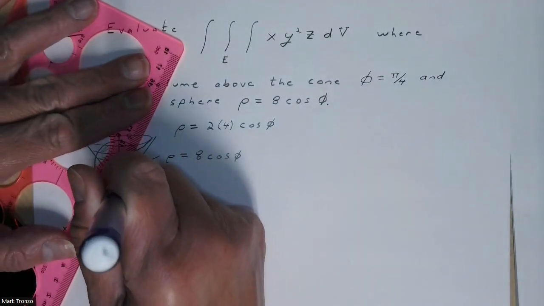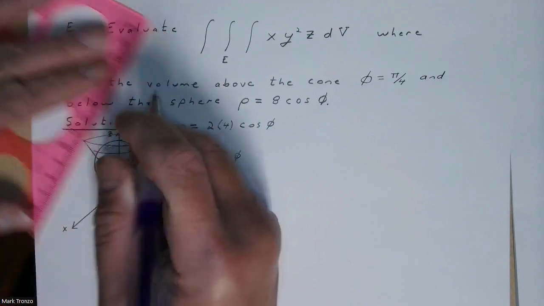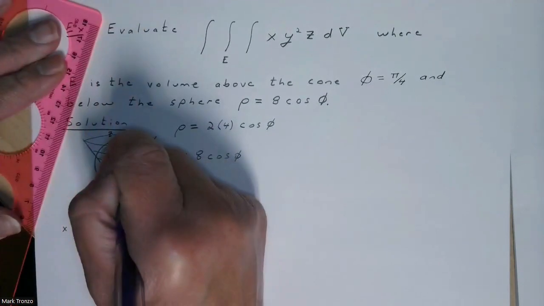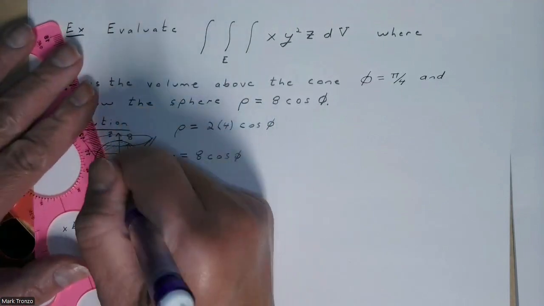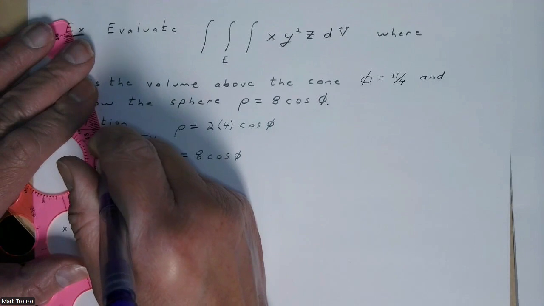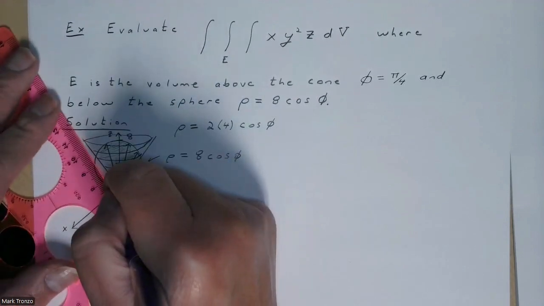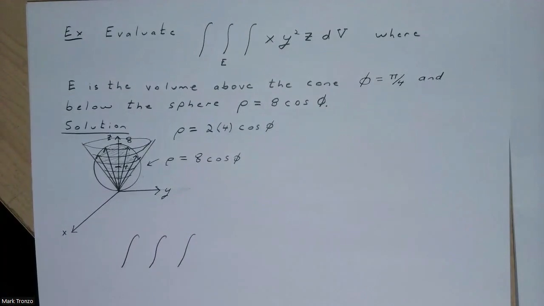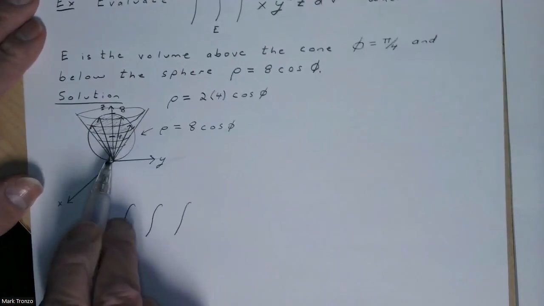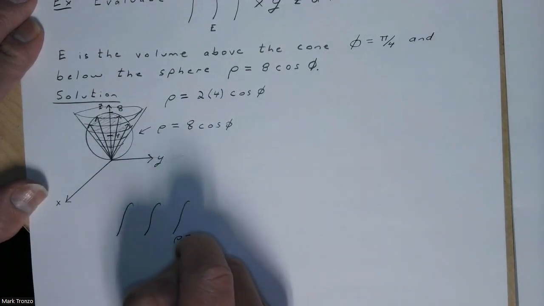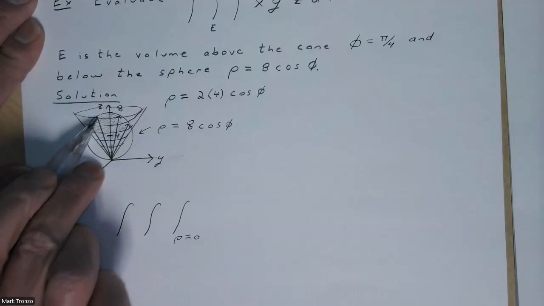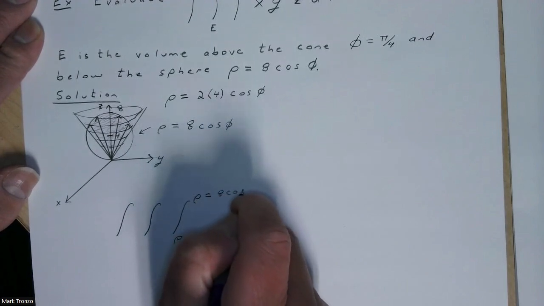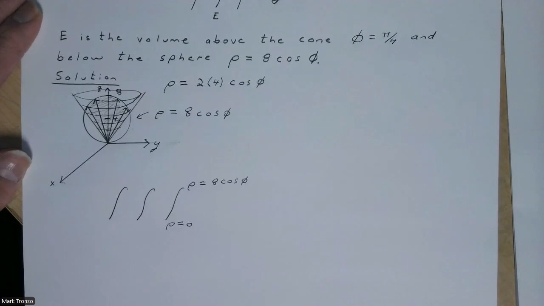So if we put arrows in the region we're interested in, the volume we're interested in, in the positive rho direction, like that, you can see the arrows are starting at rho equals 0, and they're ending on that sphere, rho equal 8 cos phi. So that takes care of rho.